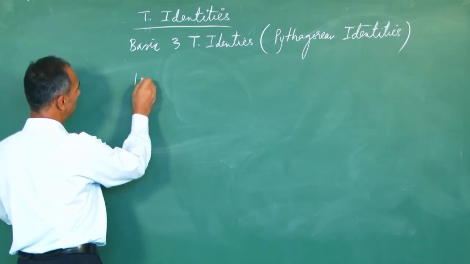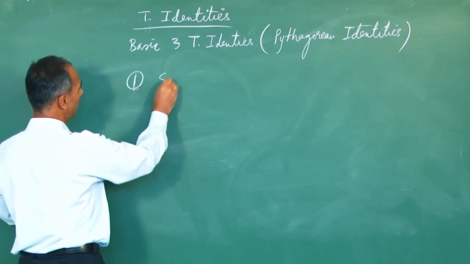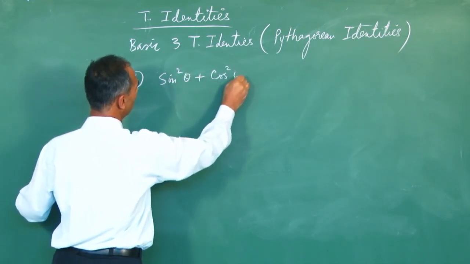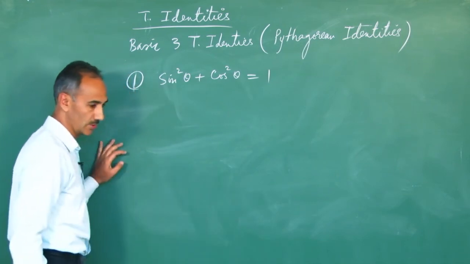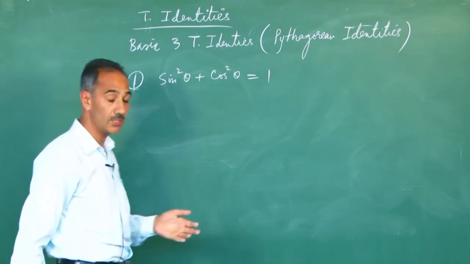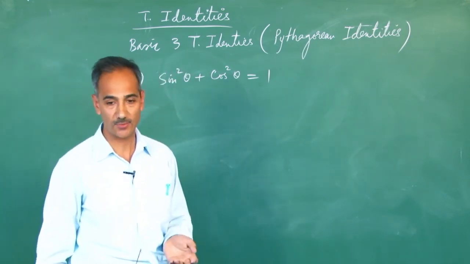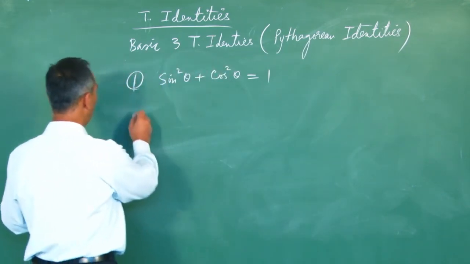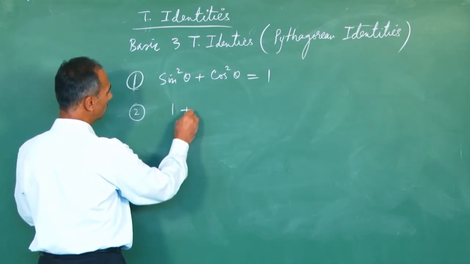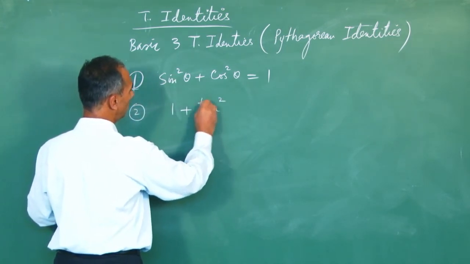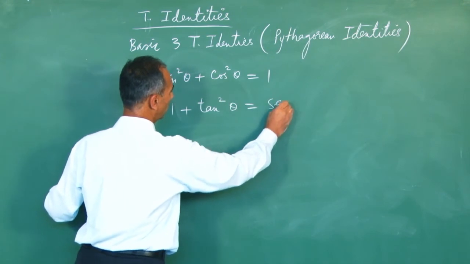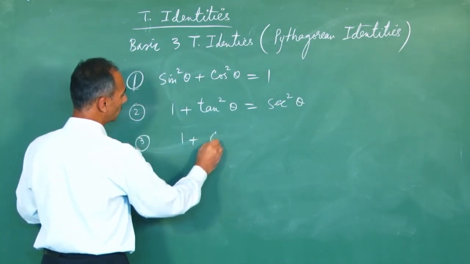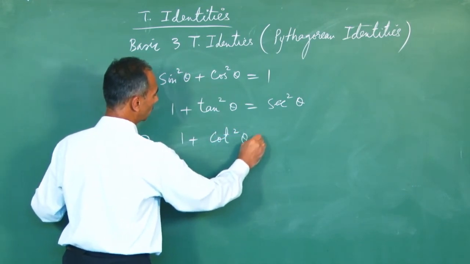My first identity is sine square theta plus cos square theta is equal to 1. Or you could say sine square x plus cos square x is 1, sine square A plus cos square A is 1. Next one is 1 plus tan square theta is secant square theta. And third one is 1 plus cot square theta is cosec square theta.